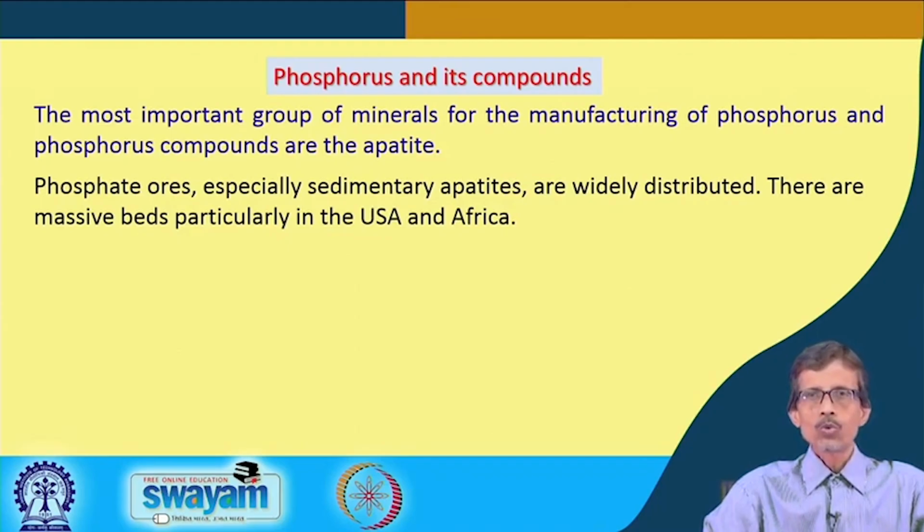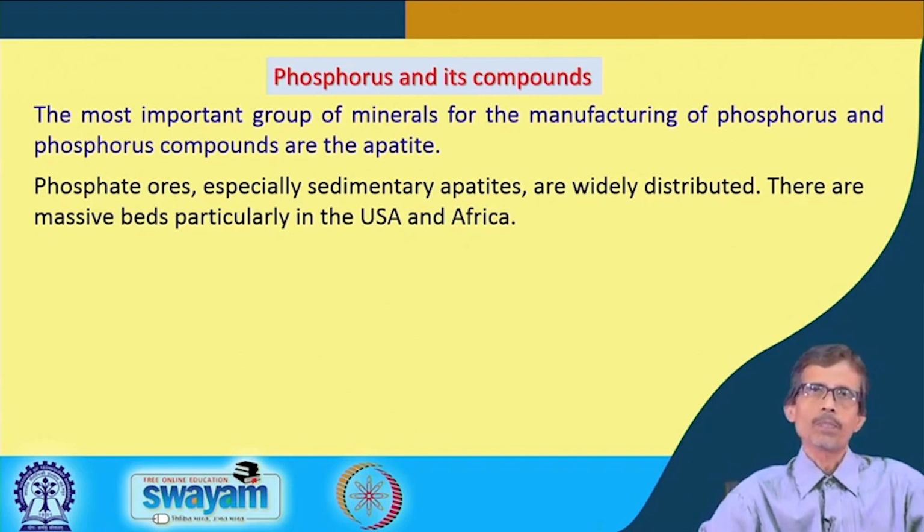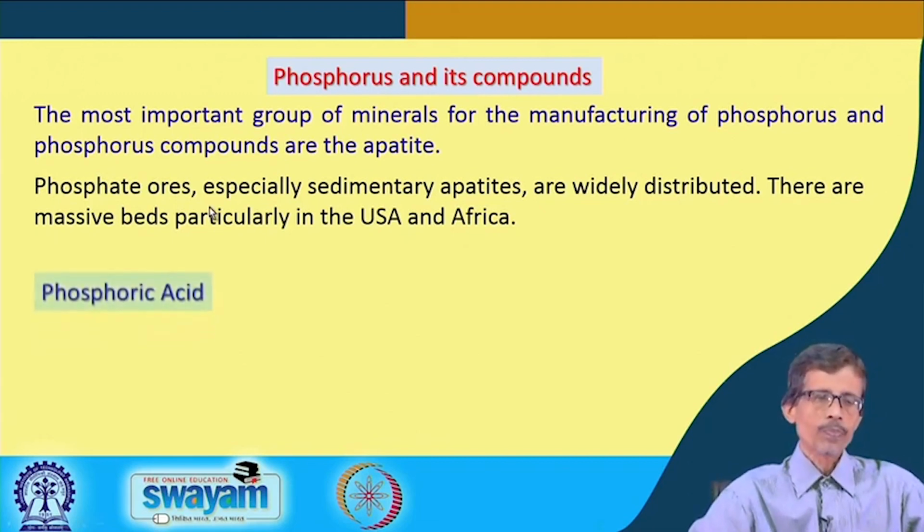So the cation is calcium and the anionic part is phosphate, but it is not a simple calcium phosphate type of molecule. It is a complex one, and its solid state structure is also completely different. How we can utilize it as a material or as small molecules for other purposes, we will see.